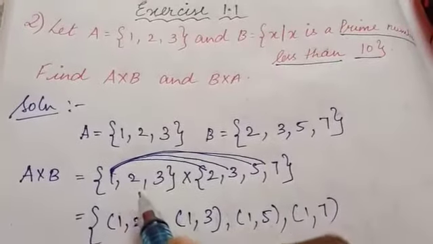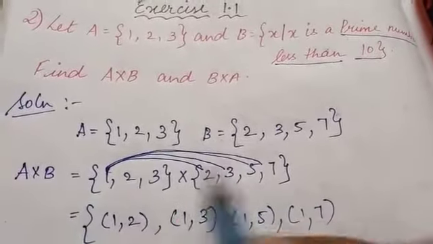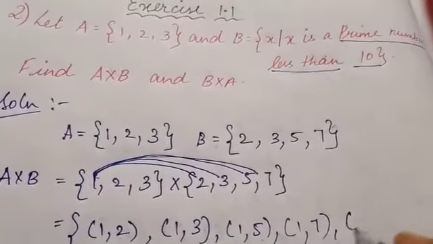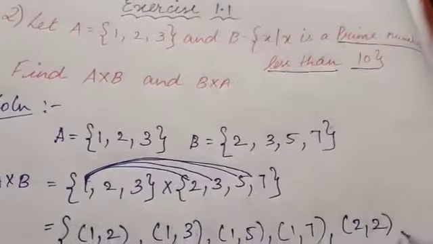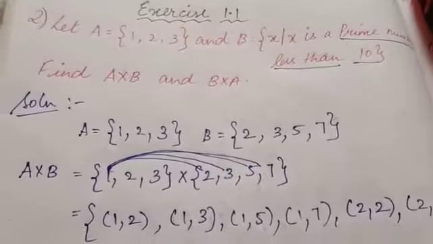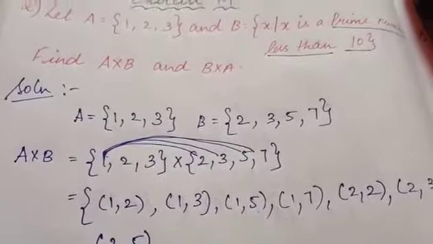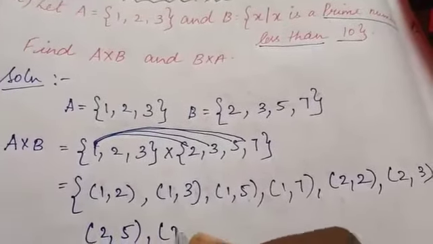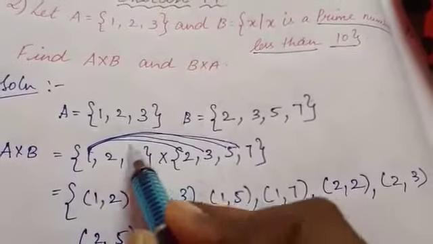In the same way, I'm going to pair every element of B with this 2. So (2, 2), (2, 3), (2, 5) and (2, 7). The last element here is 3.